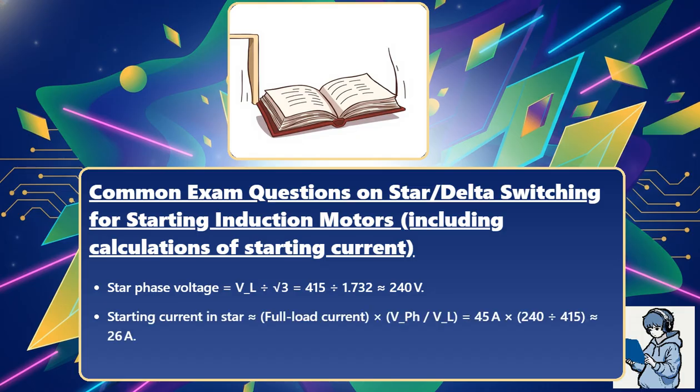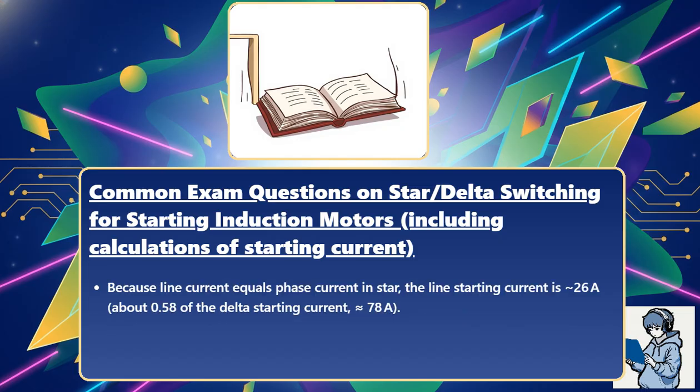Starting current in star is approximately full load current multiplied by the ratio of phase voltage to line voltage, i.e. 45 amperes times 240 divided by 415, which gives about 26 amperes. Because line current equals phase current in a star connection, the line starting current is about 26 amperes, roughly 58% of the delta starting current, which would be about 78 amperes.